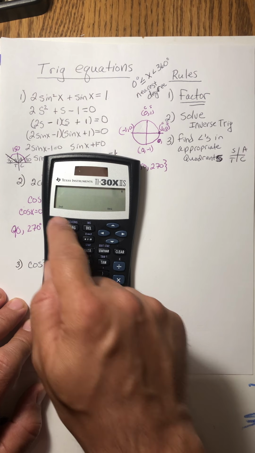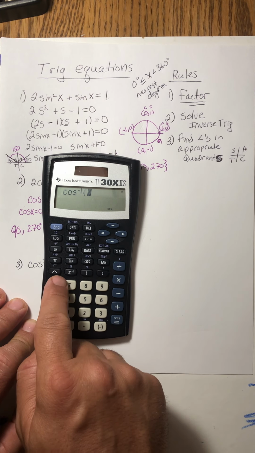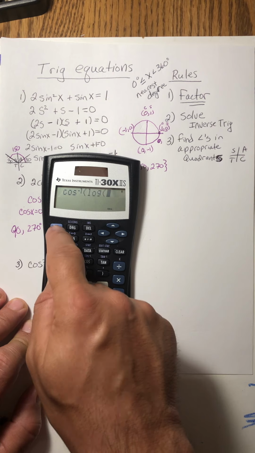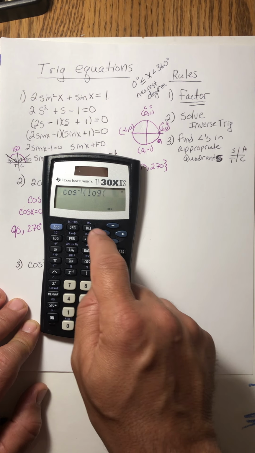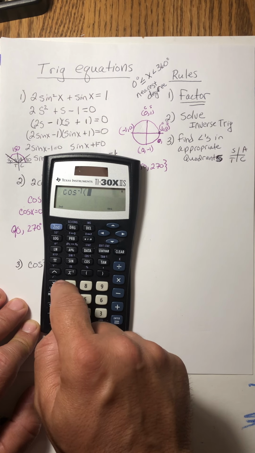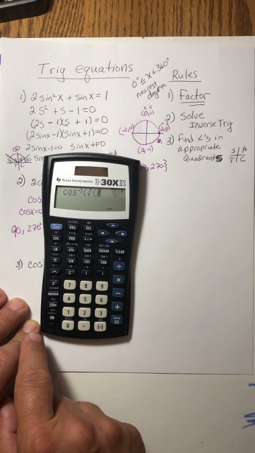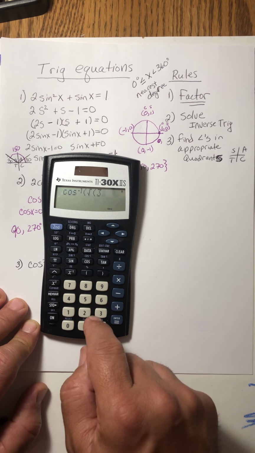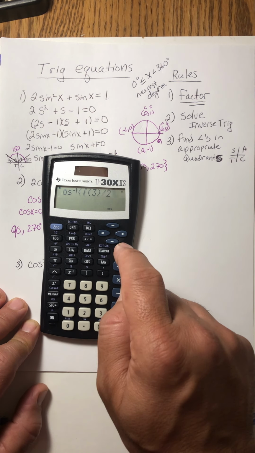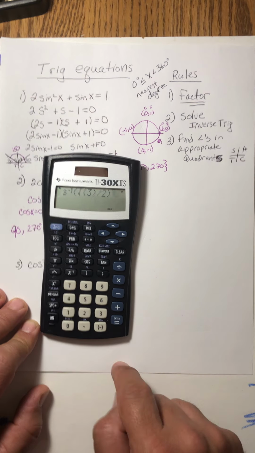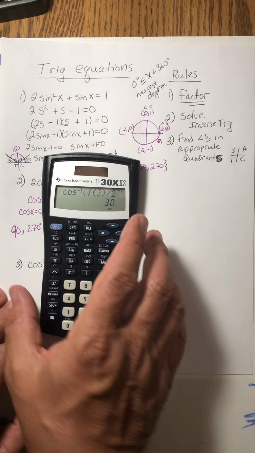So second cos of radical 3, so there's my radical. Oh, I hit the wrong button. Second radical 3, close my parentheses, divided by 2, close my parentheses. I hit enter and it says 30 degrees.